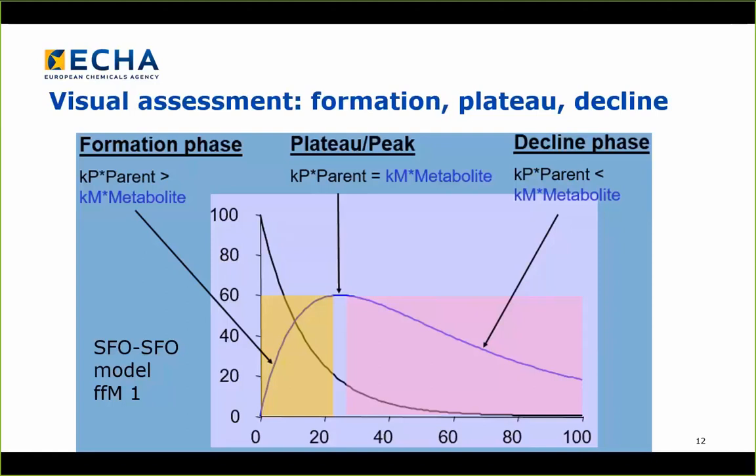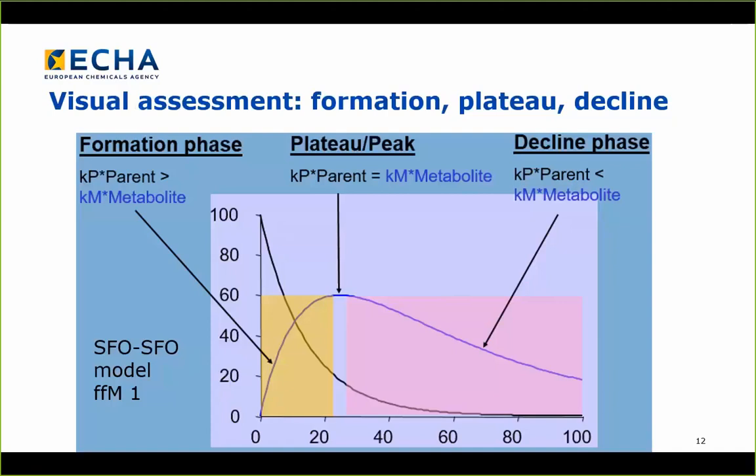At that peak plateau level, in theory, the rate of formation and the rate of degradation are the same. So the flows in and out of that compartment are balanced. And then towards the end, during the decline phase, the rate of flow out of that metabolite compartment is greater than the flow in. Okay.